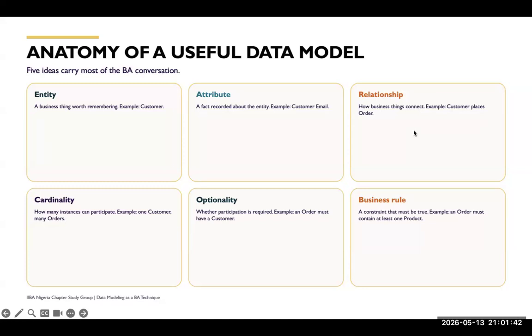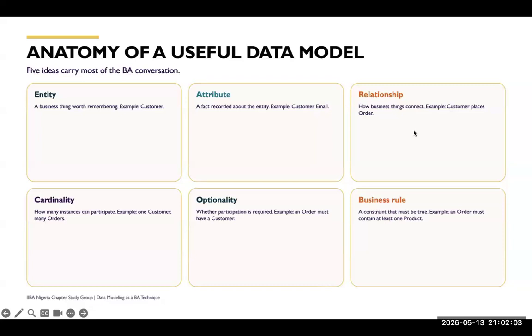So we have an entity in this business as customer, we have an entity as an order. We have attributes, which is a fact about either of these entities. So an attribute would be a customer email. For an order, it would be an order number.